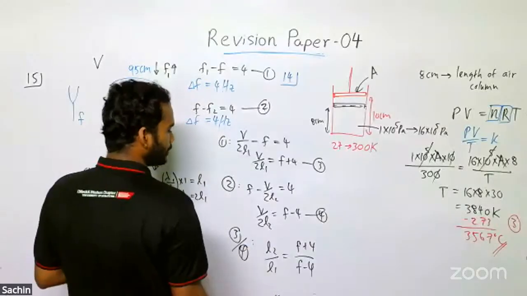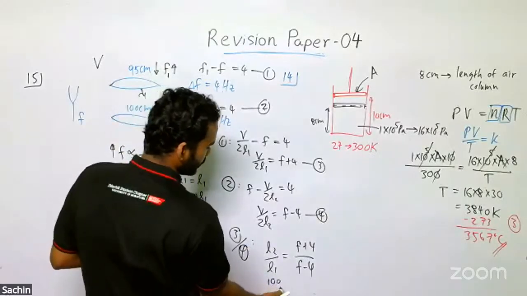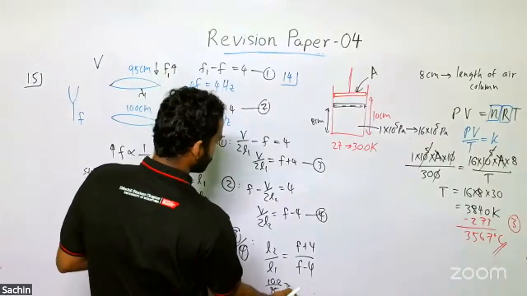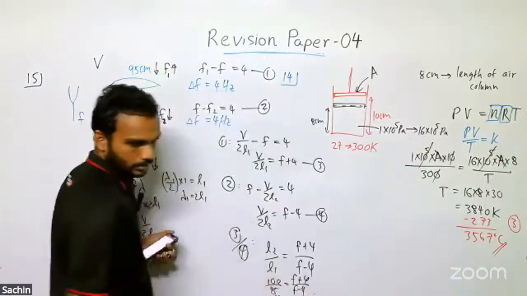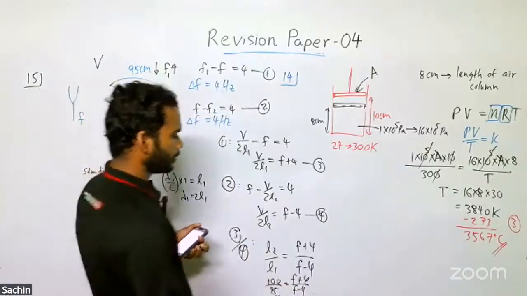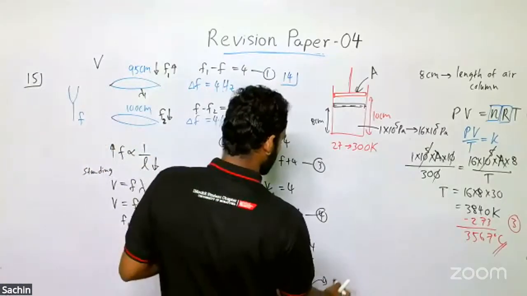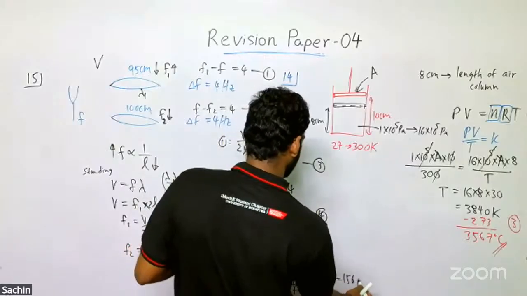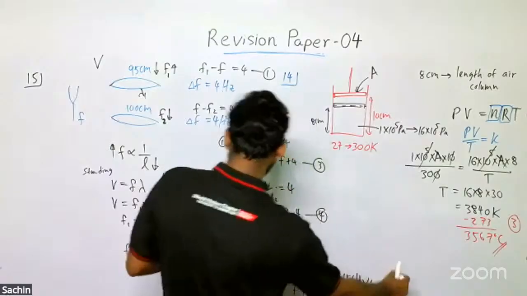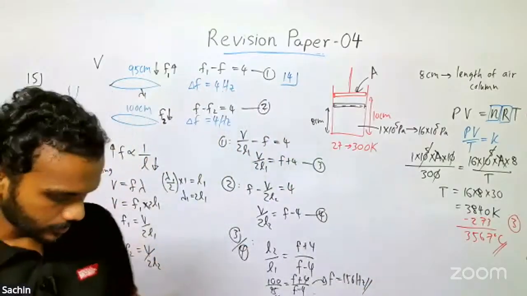Now you know these values. L2 is nothing but 100. L1 is nothing but 95. So 100 over 95 is equal to f plus 4 over f minus 4. Now you can rearrange this equation and solve for f. I'm not going to solve for f. If you solve this, you will find f is equal to 156 hertz. That's a good question.